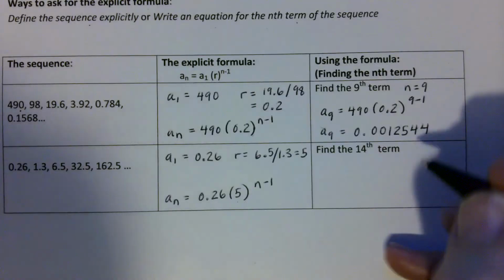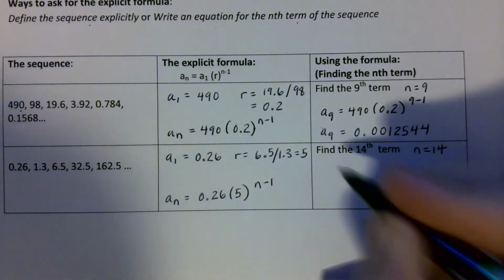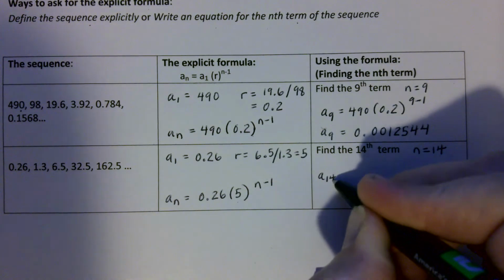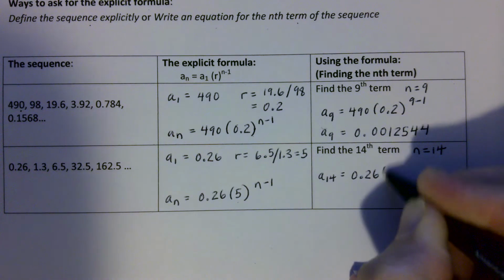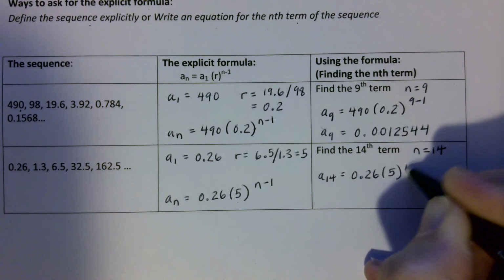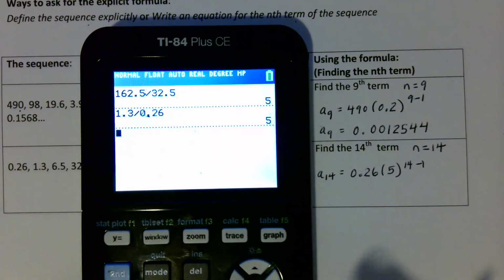All right, let's find the 14th term. We know n equals 14, so I'm going to replace n with 14, giving 14 minus 1. Grab your calculator again.